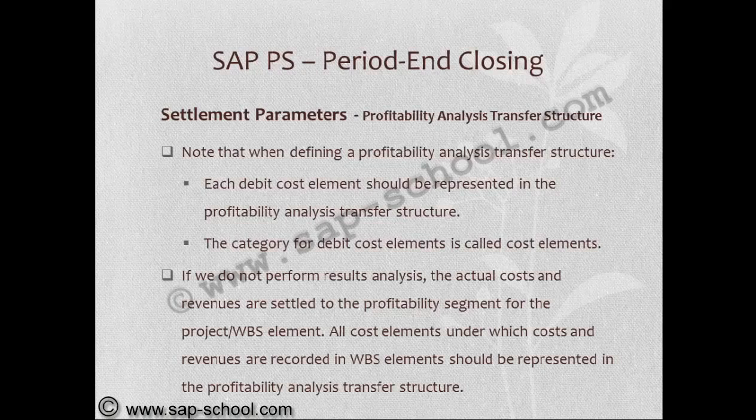If we do not perform result analysis, the actual costs and revenues are settled to the profitability segment for the project WBS element. All cost elements under which costs and revenues are recorded in the WBS element should be represented in the profitability analysis transfer structure.